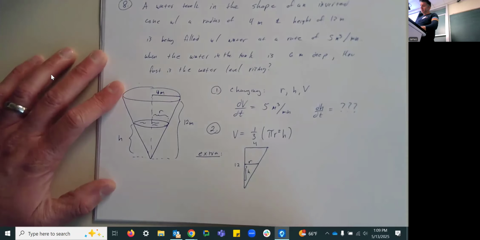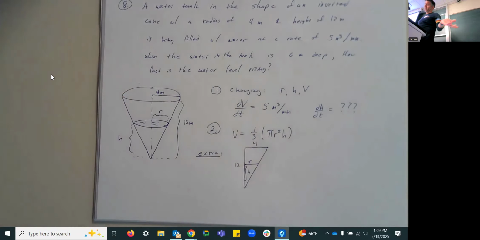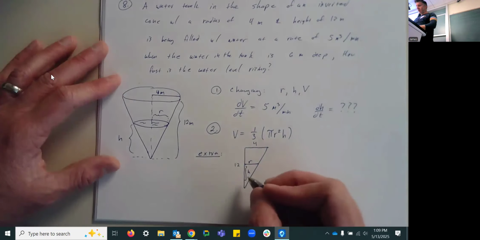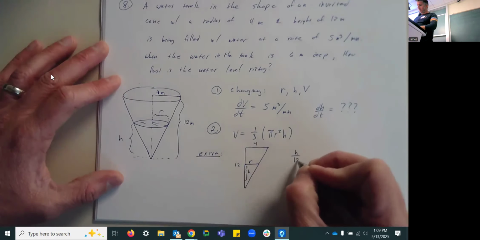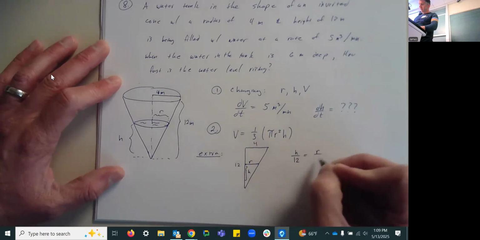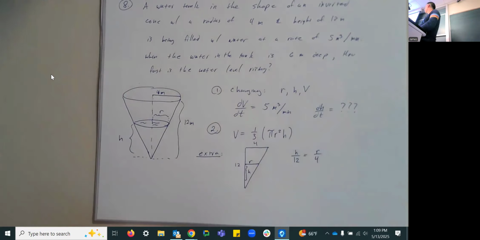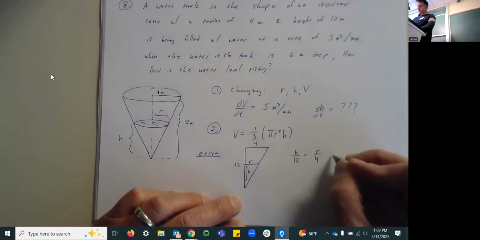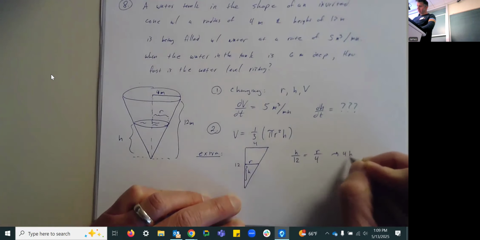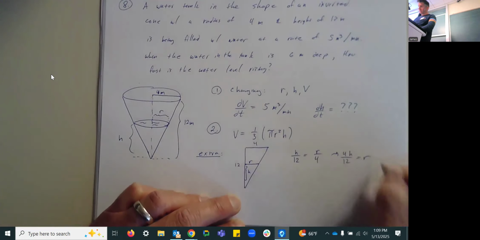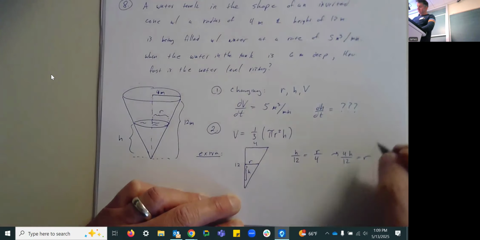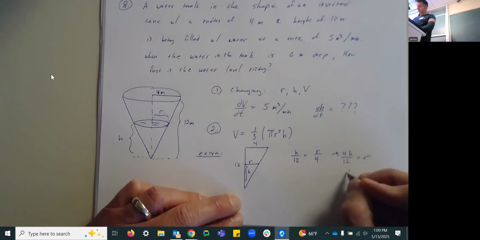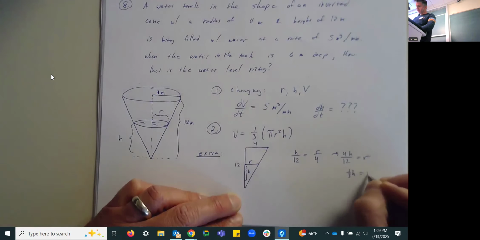The smaller height divided by the larger height is equal to the smaller radius divided by the larger radius. Since I'm trying to eliminate r in my equation, I'm going to solve for r. Multiply both sides by 4 and get 4 times h over 12 equals the radius. If I reduce that fraction, I get h over 3, or 1/3 times h, is equal to the radius.